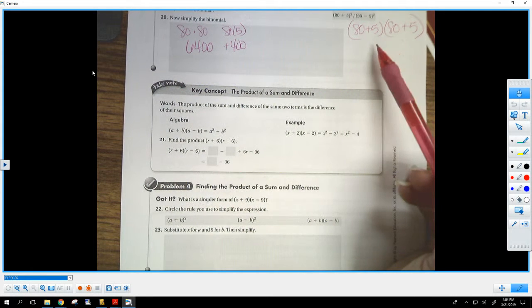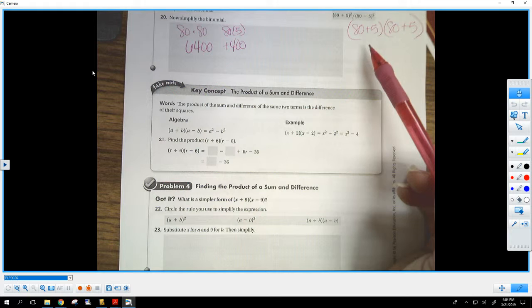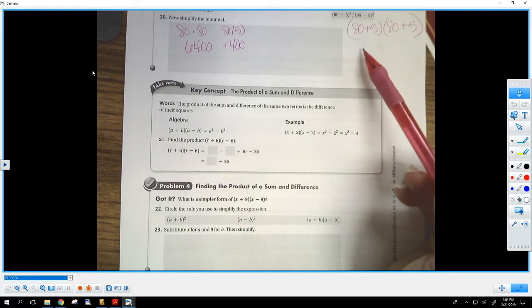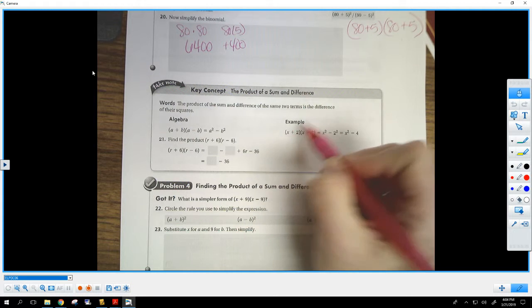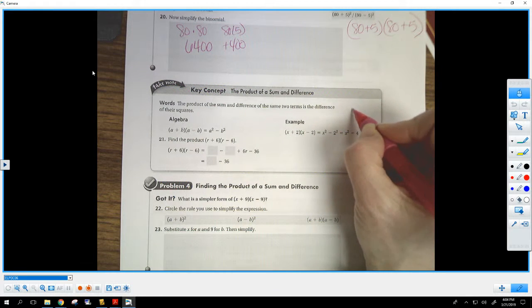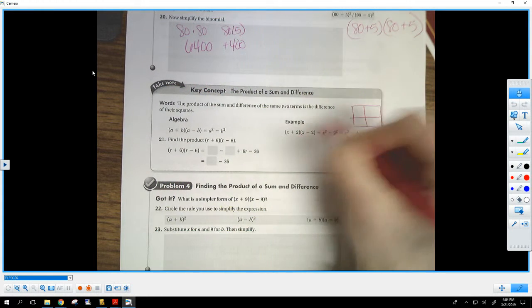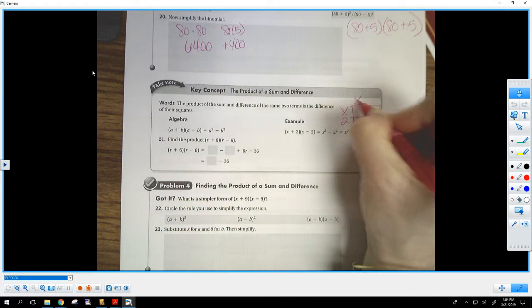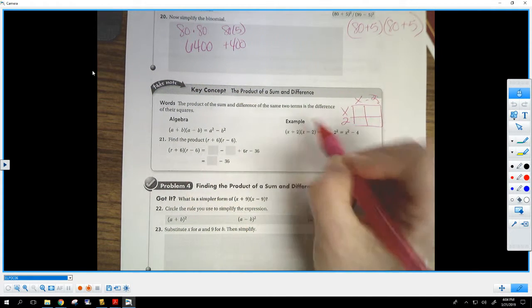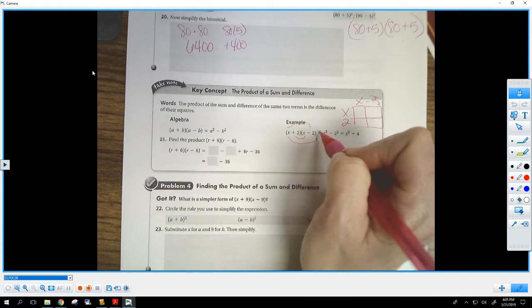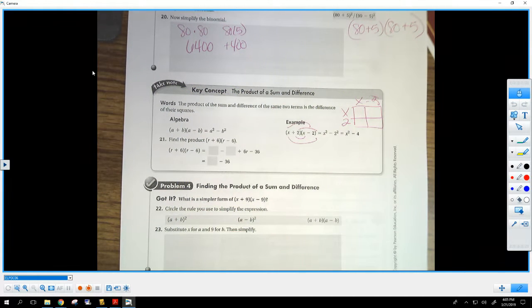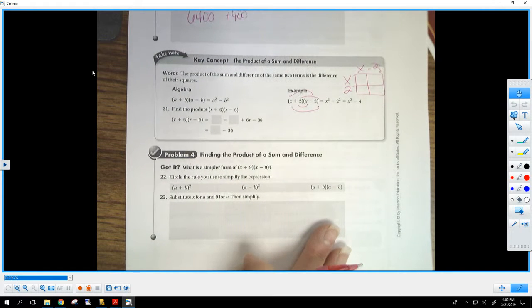Doing FOIL, multiplying two binomials, is something that you're familiar with and comfortable with. So here, go back to what you know. So if you know the box method, still make your box. X and 2, X and -2, right? If you're comfortable with FOIL, then you're doing FOIL, right? It's whatever way you're most comfortable with.